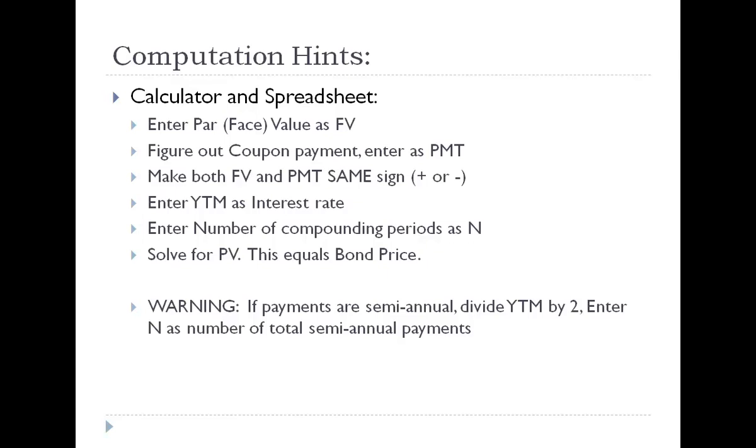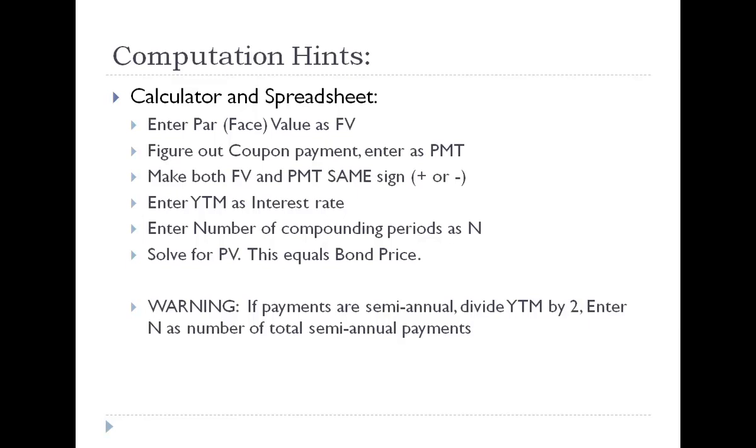Word of warning, many bonds pay their interest on a semi-annual basis, or twice a year. So if that's the case, just make the appropriate adjustments. That would mean that you would divide the payment amount in half, right? Because you're receiving half as much interest twice a year.